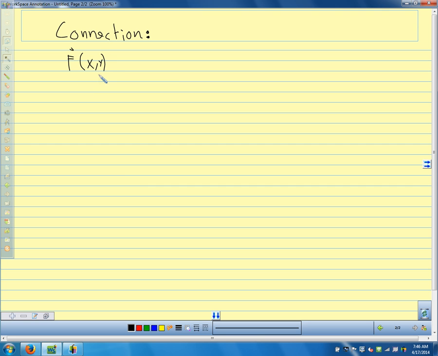We can extend to three variables just by adding another component. So we're going to use our notation M i hat plus N j hat. And we're going to say our curve is this vector valued function r of t, which is x of t i hat plus y of t j hat.